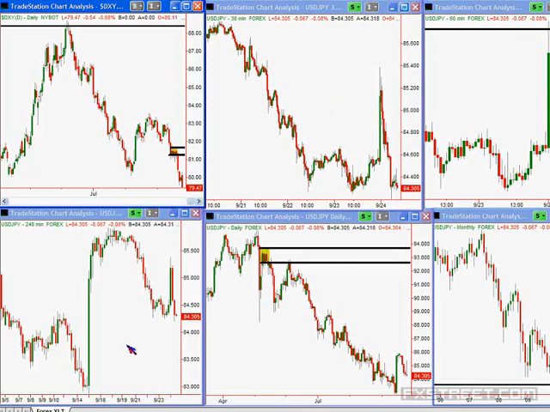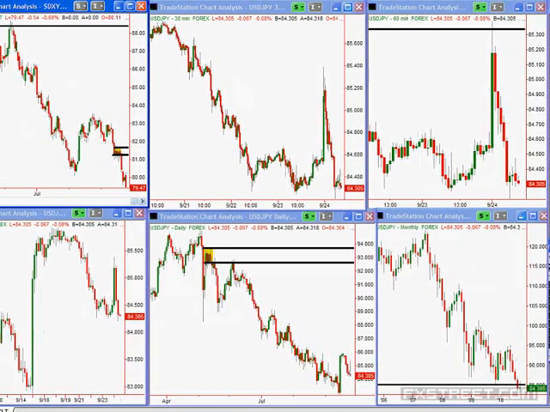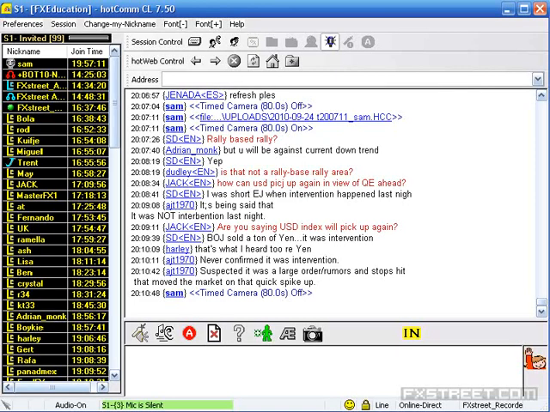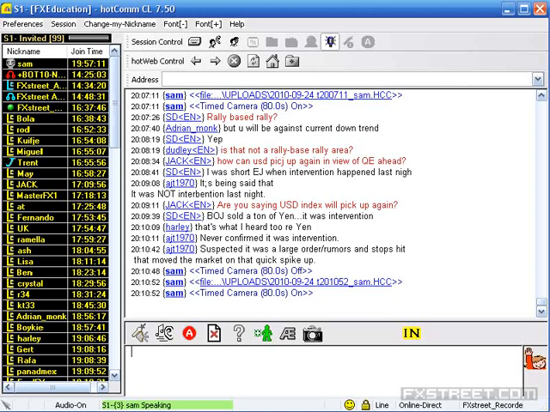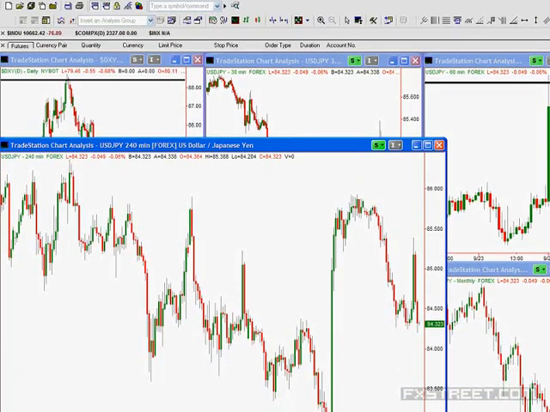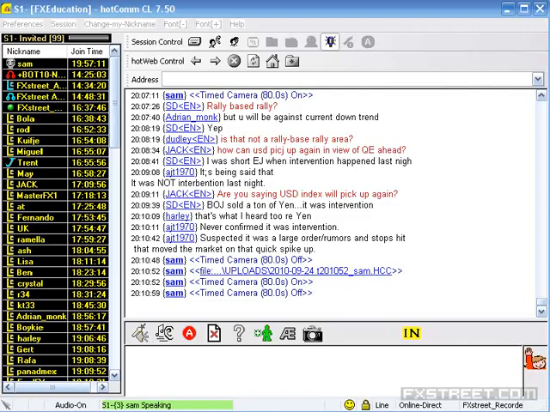If you specifically focus on this chart right here, let me just recapture the chart for you. Specifically, take a look at this area right down here.